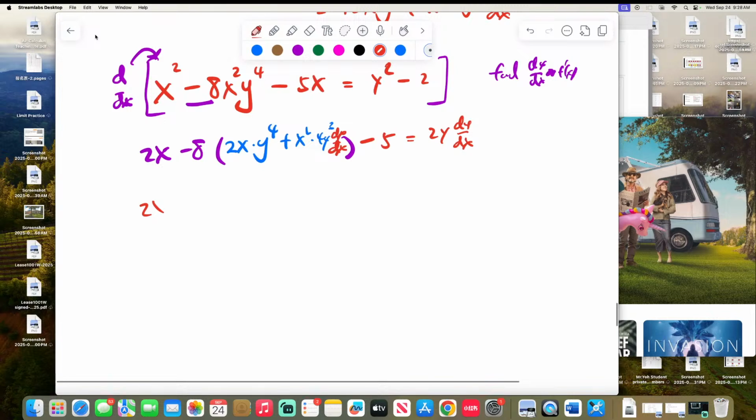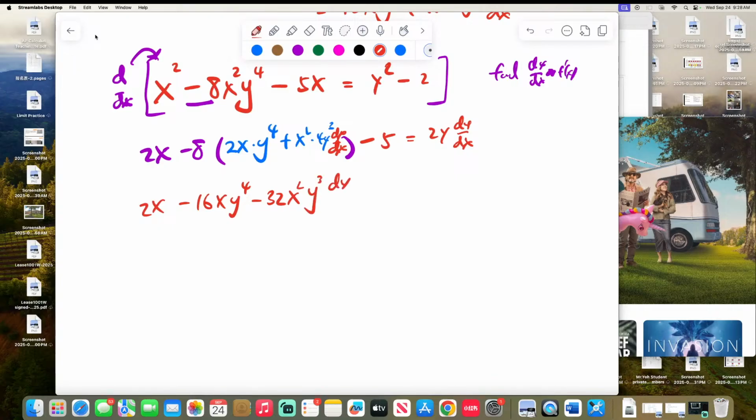So I'm going to distribute this: 2x minus 16x y to the 4th minus 8 times 4 is 32. Is that okay? X squared y to the 3rd dy dx minus 5 equal to 2y dy dx. So I'm going to circle this.